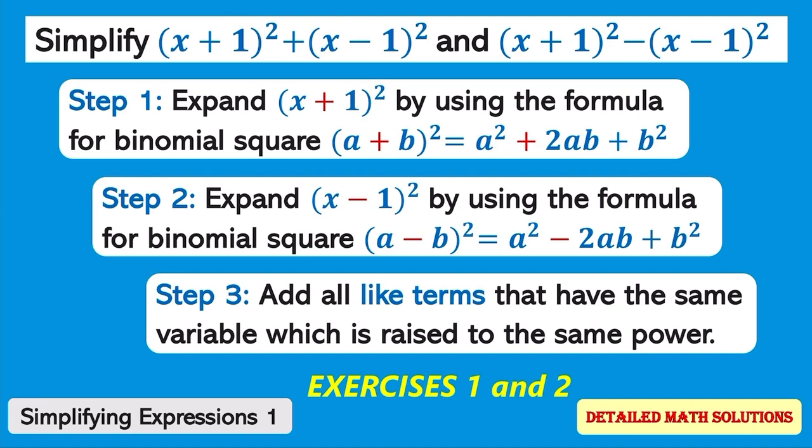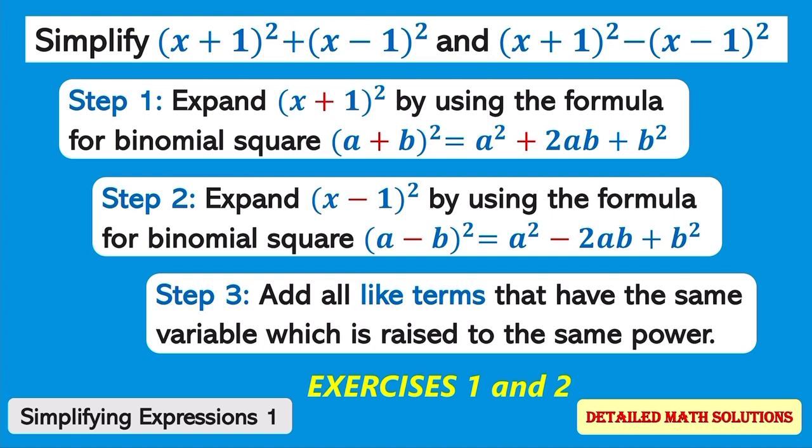Step 1, I'm going to expand the first binomial, x plus 1 in parentheses squared, by using the formula for binomial square. A plus b in parentheses squared equals a squared plus 2ab plus b squared.